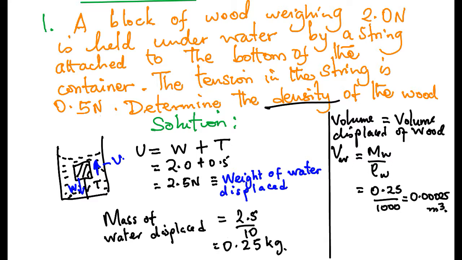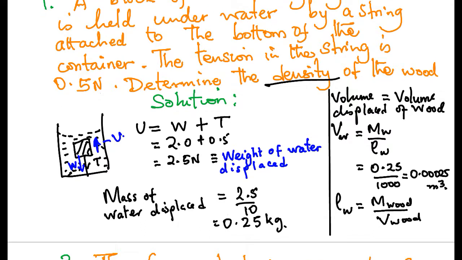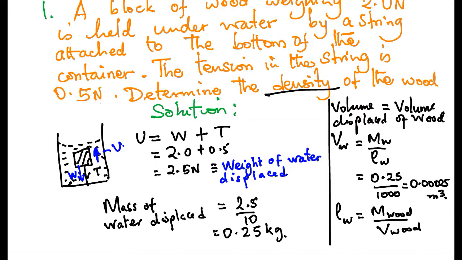Density of wood, therefore, since we already know the volume, is mass of wood divided by volume of wood. We know the weight of wood, which was given as 2.0 newtons. From there we can determine the mass.